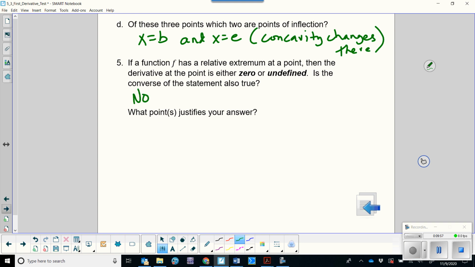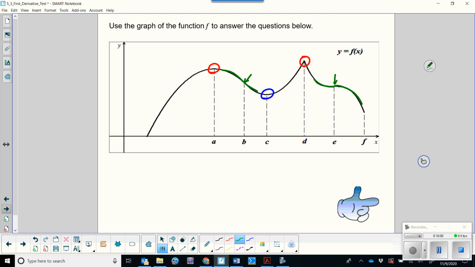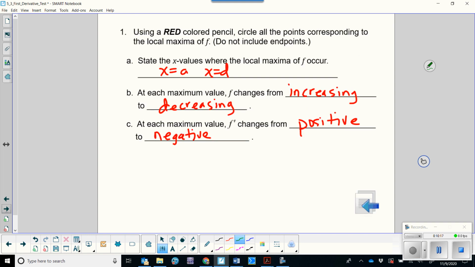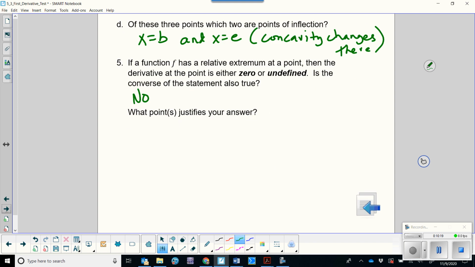No. Because if we look back at E, we did have a derivative that was 0, because remember the tangent line there is horizontal, but we do not have a relative max or min. We don't have a peak or valley there. So having 0 or undefined may or may not give me a relative extrema. But it is true that if it's a relative extremum point, then the derivative is either 0 or undefined. That's true, but the converse is not necessarily.